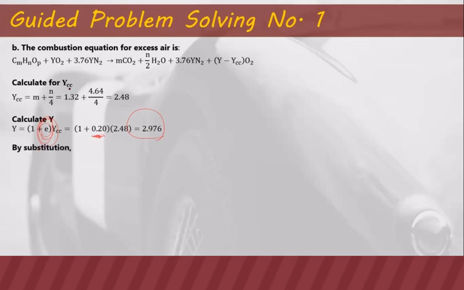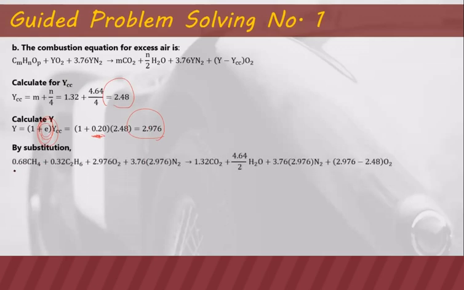By substitution, since we already have ycc, that's 2.48, and y, that's 2.976, we can get this expression, and then we simplify it. So our combustion equation with 20% excess air is this one. This is the answer for the second question.